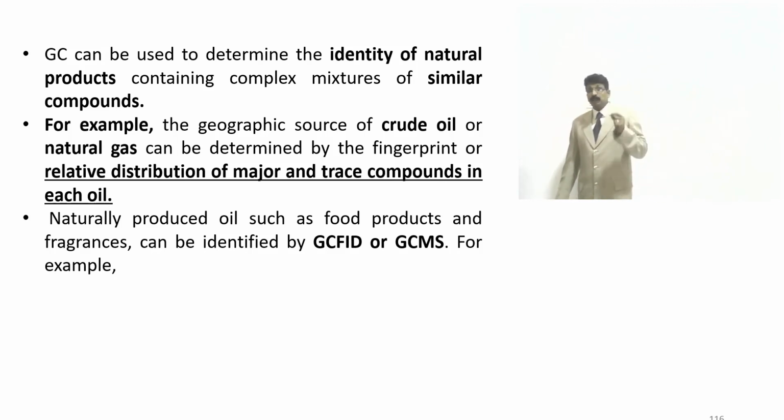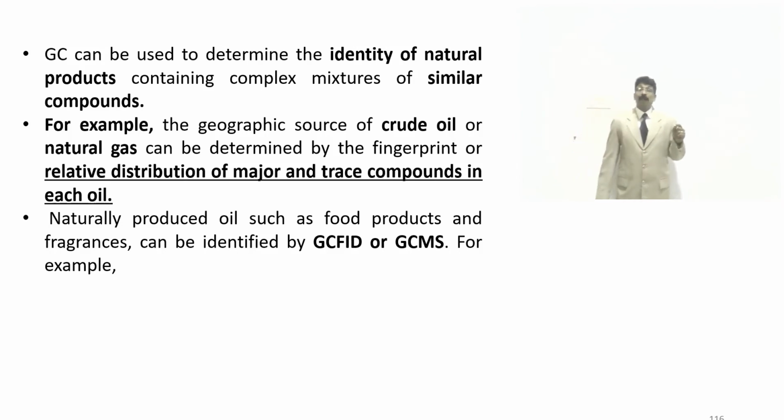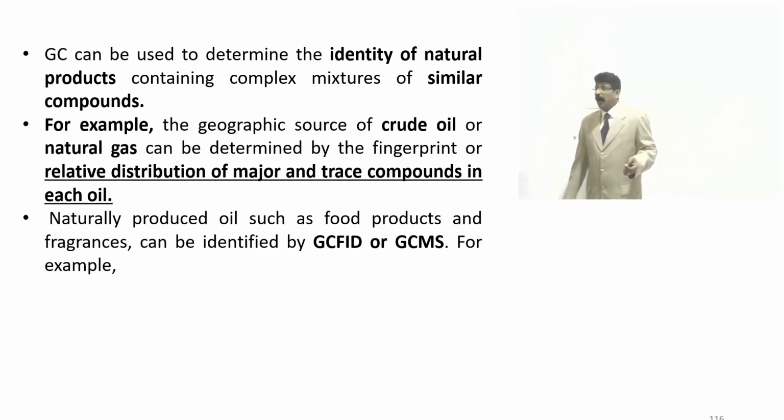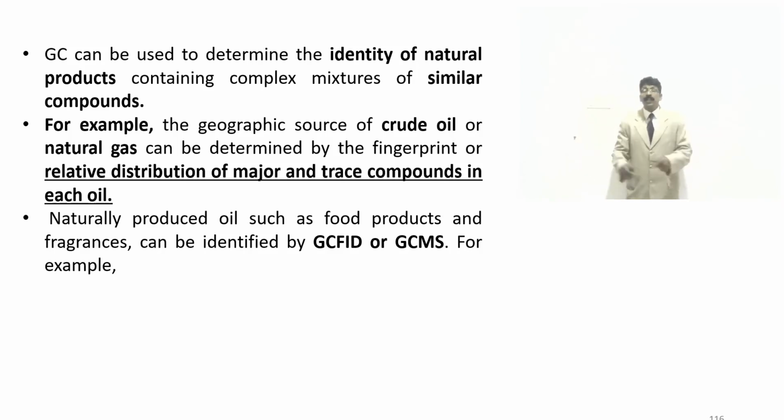So that is what you can see. GC-FID means gas chromatography connected with a flame ionization detector, or you can have a hyphenated technique, online, by connecting two instruments like gas chromatography and mass spectroscopy.